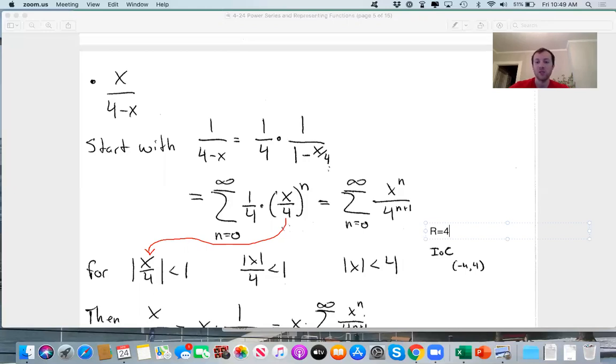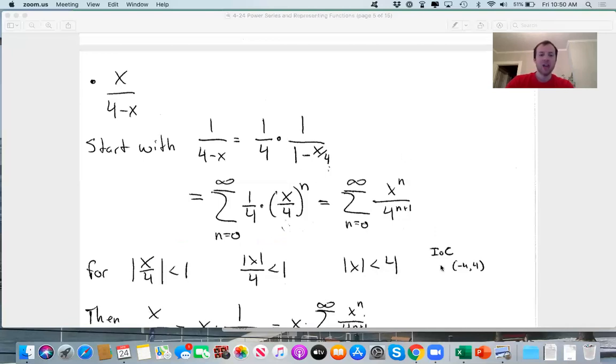Here, the radius is 4, because the radius shows up when you have the absolute value of x, or x plus or minus something, less than some number. If that's the form of the inequality that tells you when it converges, that something is what the radius is. So we can say that if you had a 1 on top, 1 over 4 minus x is represented by this series, x to the n over 4 to the n plus 1, and it converges between 4 and -4.